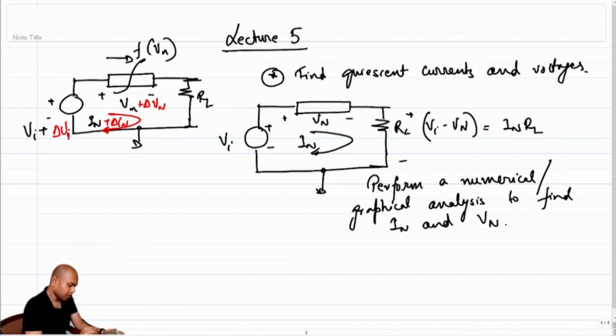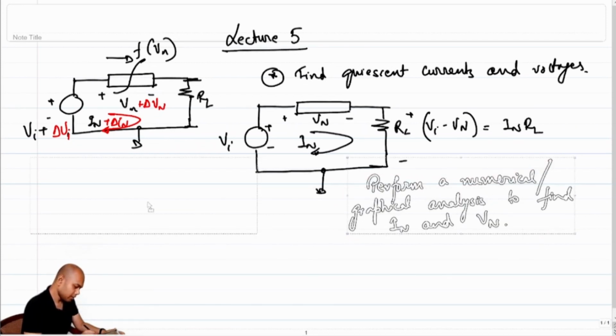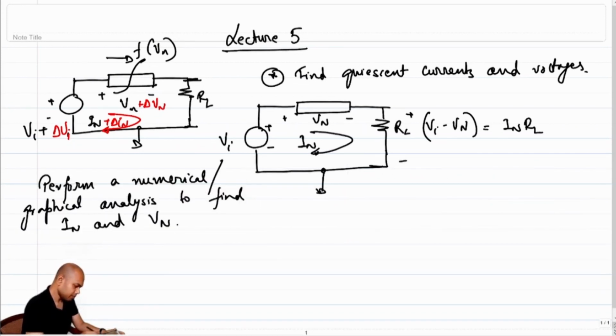So now the focus shifts there, and in order to figure it out, what should we do? Let me move this part here. In order to find the relationship of the incremental quantities, what do we do?